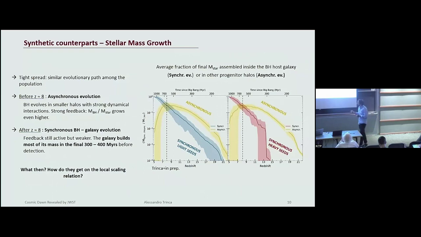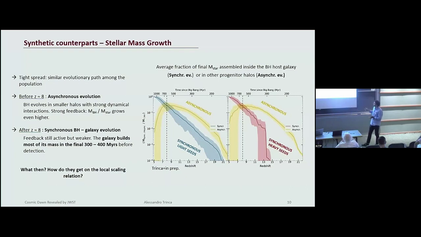And what we find is that there is a tight spread in the average evolution, so all these systems seem to go through a similar evolutionary path. Typically before redshift 8, the black hole is evolving in a small system with a lot of dynamical interaction, so it grows very efficiently, exerting a strong feedback on its environment, and the black hole over stellar mass ratio can grow even higher than what we're detecting.